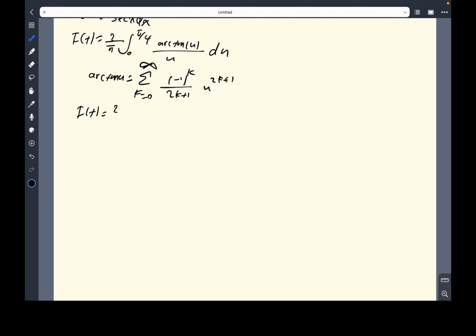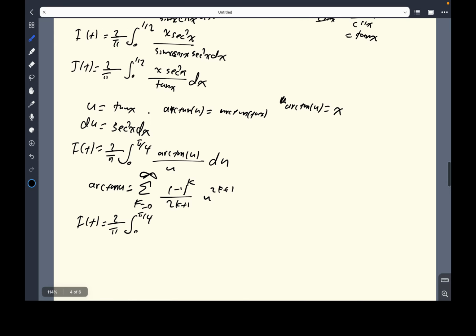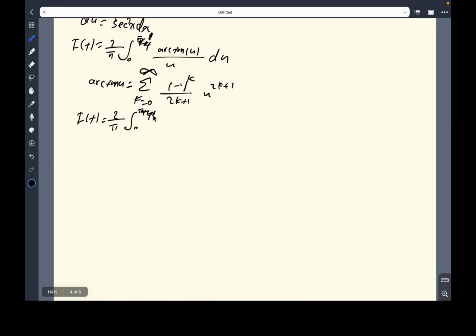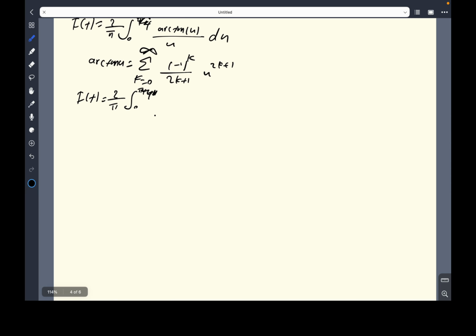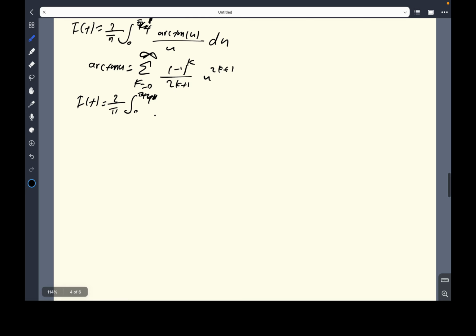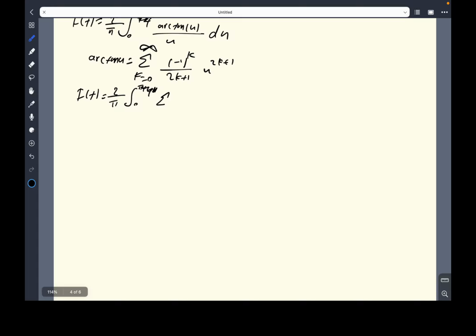So now it's going to be 2 over pi from 0 to pi over 4, oops, I should have switched the bounds here from 0 to 1 again, sorry. Negative 1 to the k over 2k plus 1 u to the 2k du.